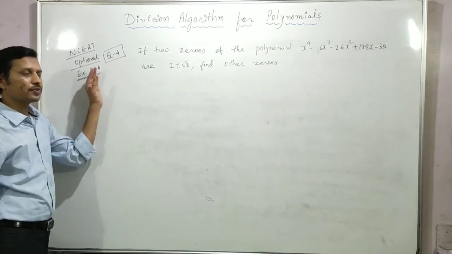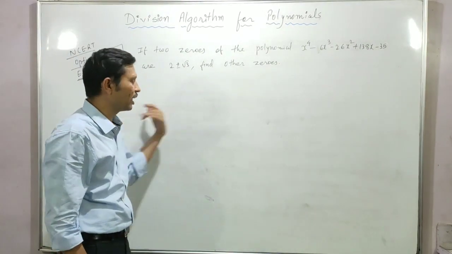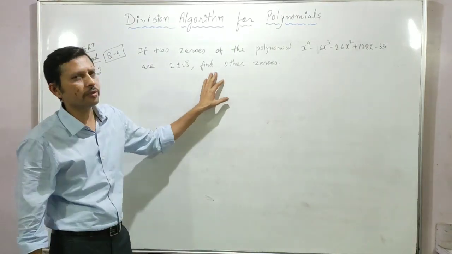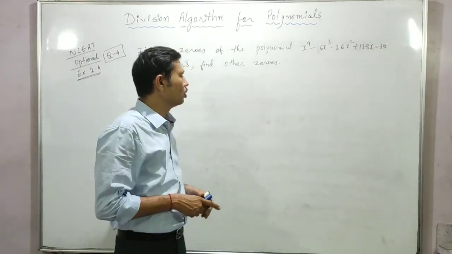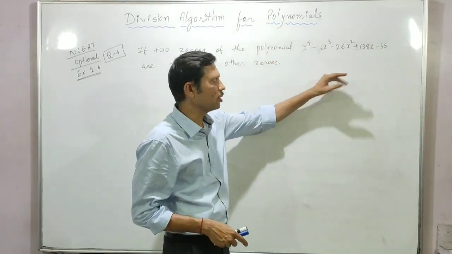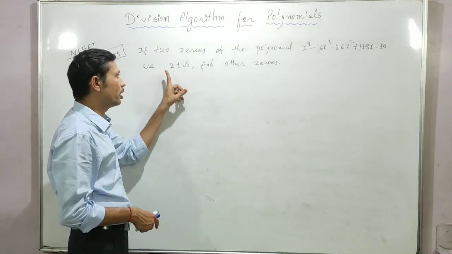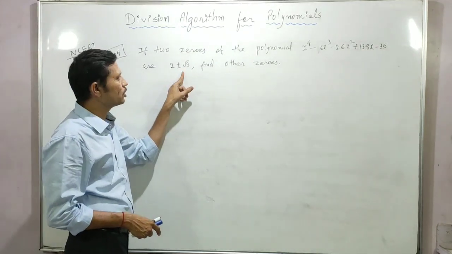Now in our optional exercise we have question number 4 of a similar type to what we calculated earlier, but this question we will do by a different method. So two zeros of the given polynomial are 2 plus or minus root 3, that means one zero is 2 plus root 3 and another zero is 2 minus root 3.